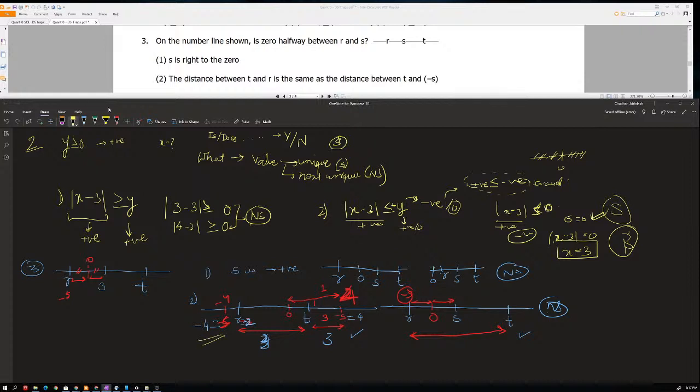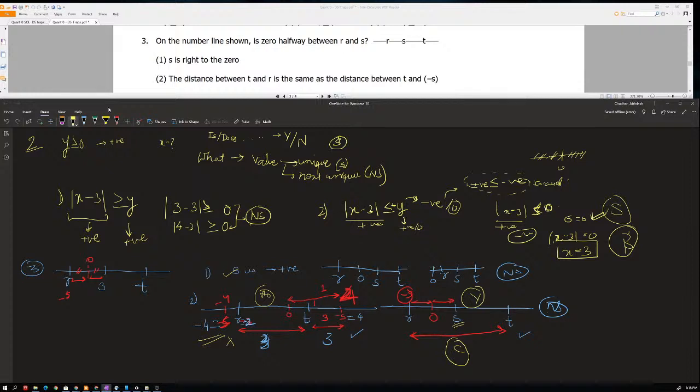In this condition S is positive. So in this case it lies. We get a yes answer here, and we are getting a no answer here. So this condition is discarded if we consider the first one. So with both conditions we get answer C, which is right.